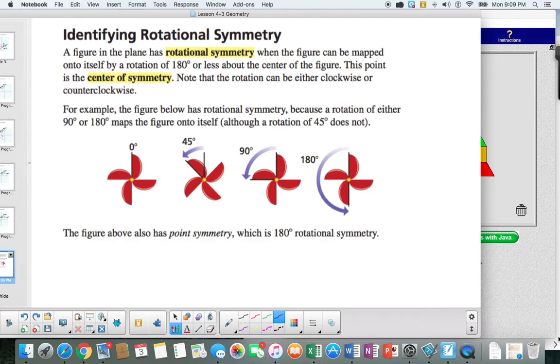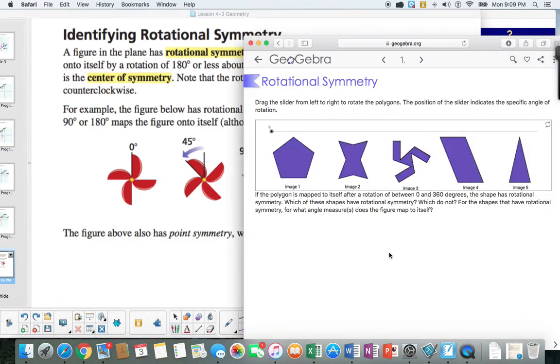Let's see, I have a little demonstration here on rotational symmetry. This slider here will start turning, and we want to stop when it looks like one of the figures lines up. There we go. It looks like at 72 degrees, the pentagon matches onto itself.